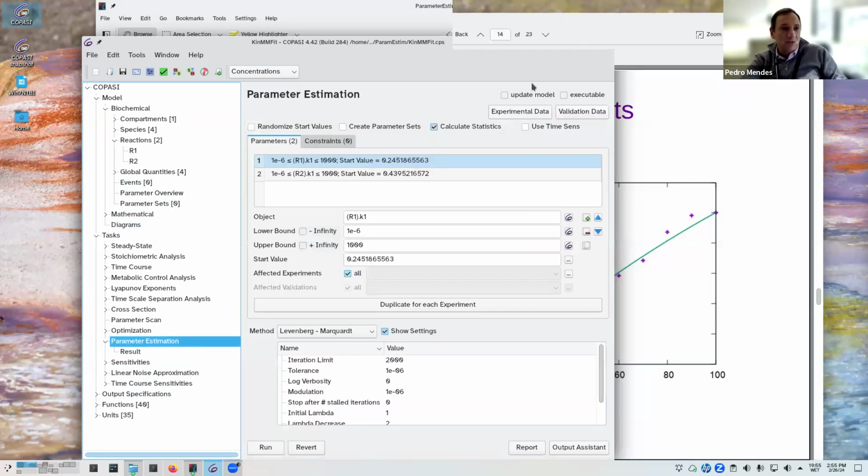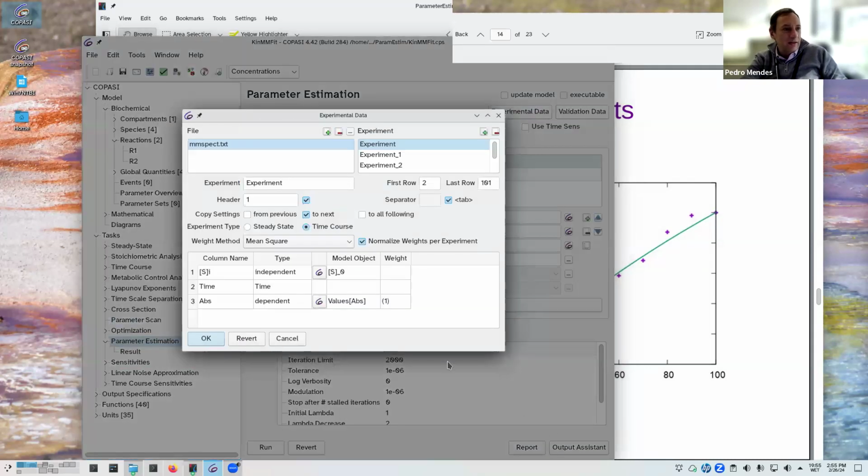So if I go to parameter estimation and I show you experimental data, in this case, I have one file that has several experiments. It has 5 experiments. And each experiment contains the initial concentration of substrate, time, and an absorbance.